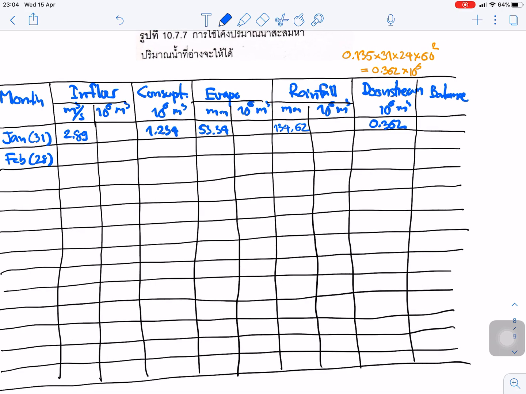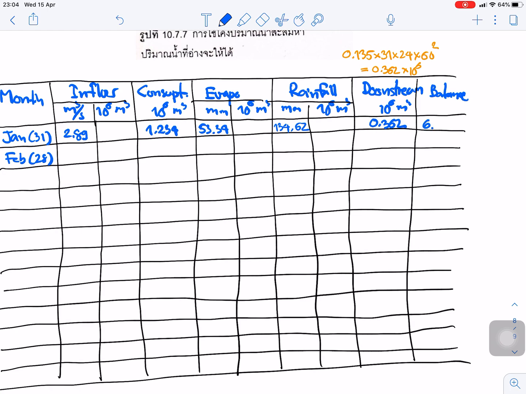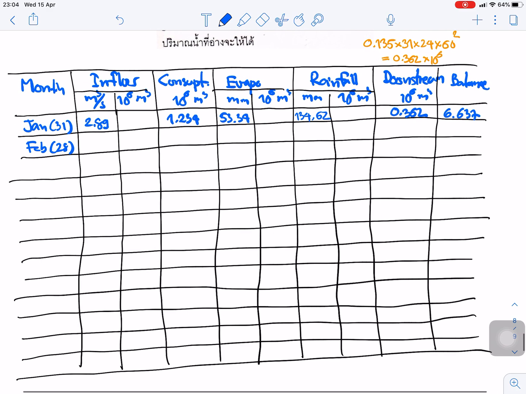And to check the balance between inflow and outflow, the first month should be positive, about 6.637. Okay, you can do the rest of the months and check which month is negative balance, so we can sum all negative to get the reservoir storage or reservoir capacity for this problem.